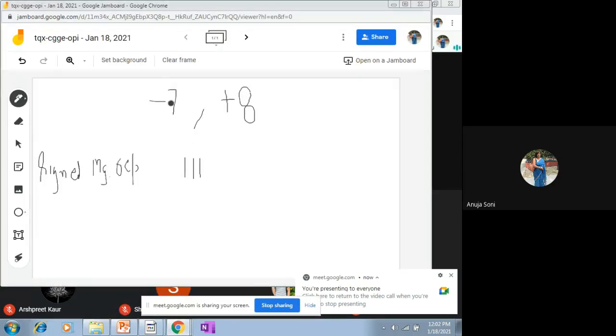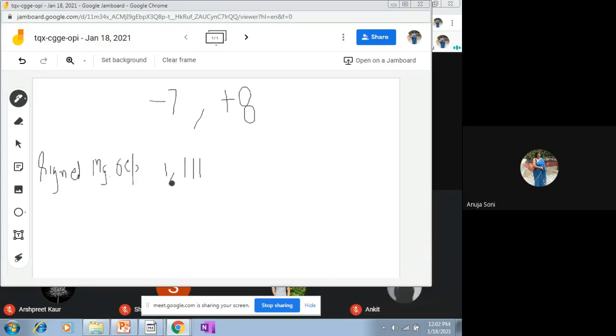So how will it be? The sign bit will be used explicitly. As this number is a negative number, the sign bit 1 will be used, and that will be the very first bit of your number. So it will be 1, comma is not essential all the time, and 1, 1, 1. So this is the sign magnitude representation.